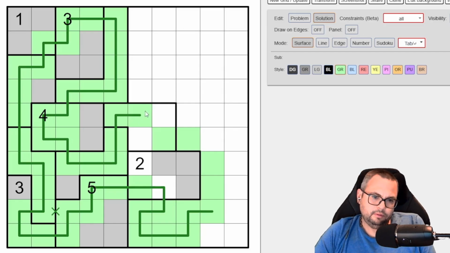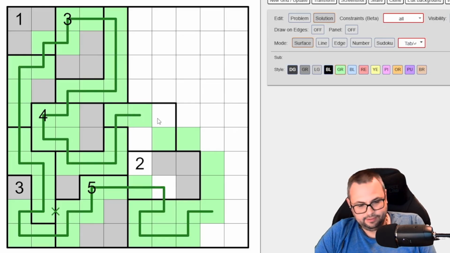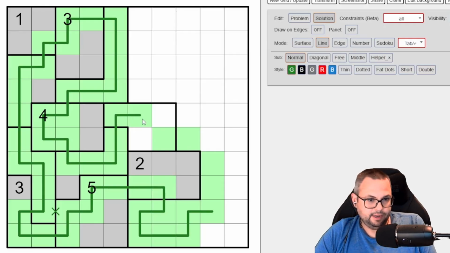So now we know this sort of funny fact that this line has to connect here somehow. And actually, sorry, we know exactly how it connects because this has become unvisited. And so this line has to connect like this.